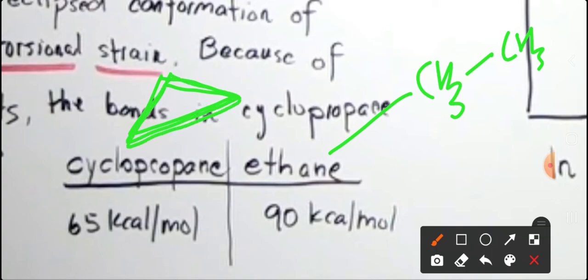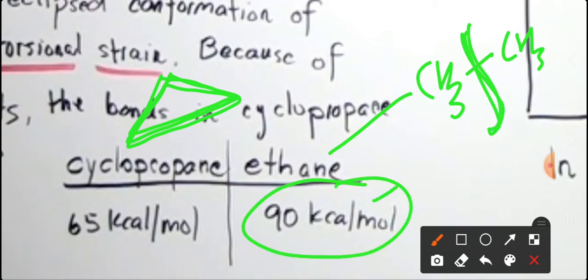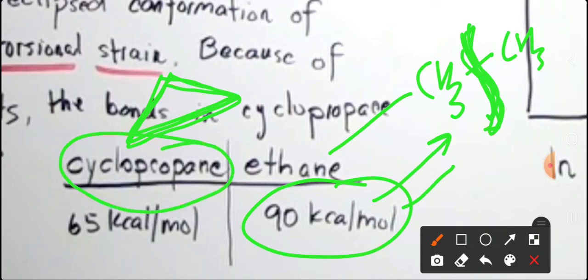If I want to break this ethane bond, I have to provide 90 kilocalories of energy to break this carbon-carbon bond. As compared with the cyclopropane molecule, I only have to provide 65 kilocalories per mole to break this carbon-carbon bond. Okay, so that is the difference between ethane and cyclopropane.